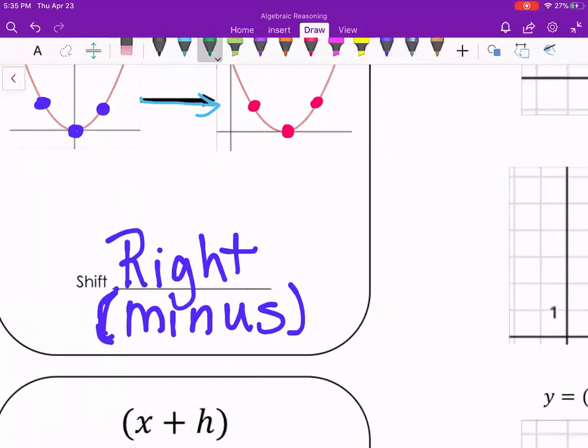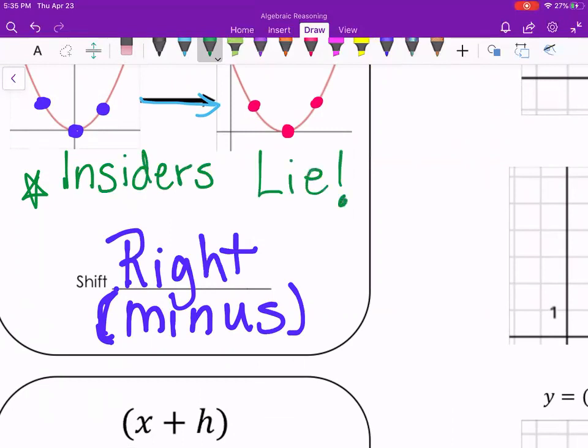But in this case, I want you to remember one thing if you're inside a parentheses, inside a group like that, insiders lie. Insiders lie. So that minus does not mean go to the left on the x-axis because it's inside the parentheses. Because of insiders lie, a minus really means move it to the right.